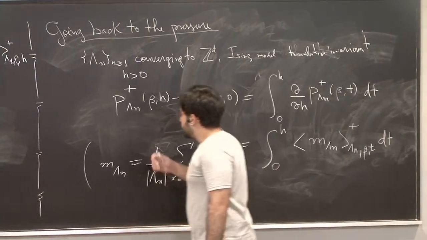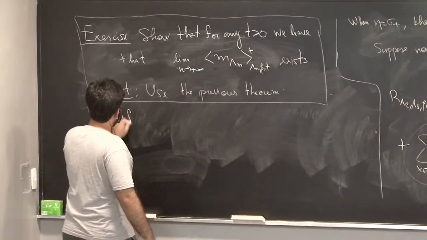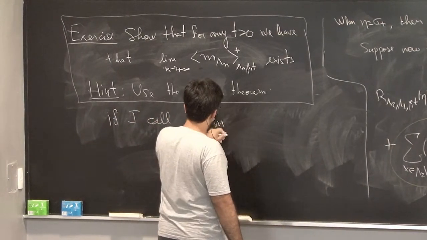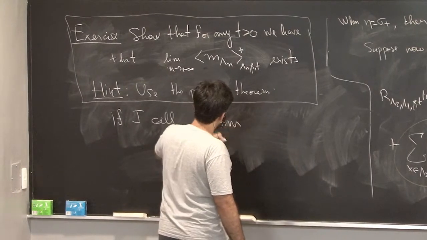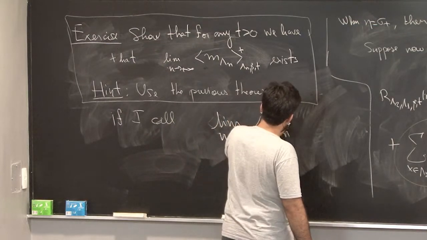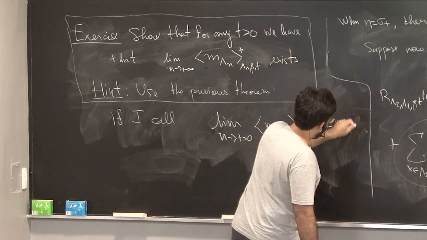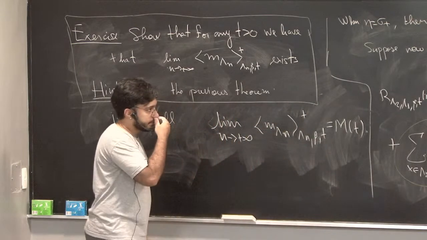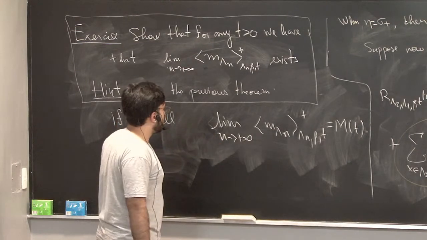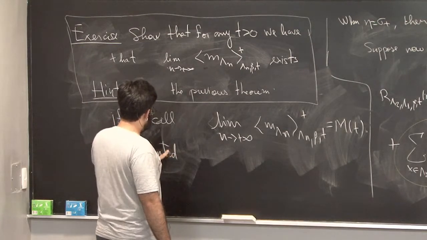So by the dominated convergence theorem, this implies that if I call this limit of m lambda n with plus boundary condition m t, okay? These are measurable, bounded, and then I can use the dominated convergence theorem.